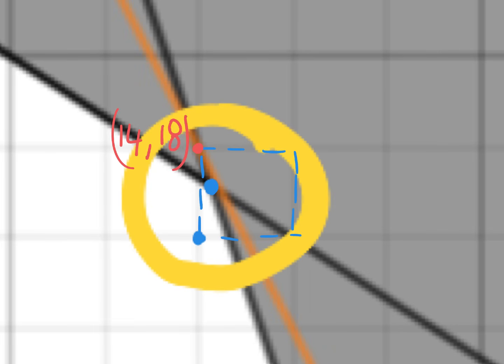Because it was in between 17 and 18, 17 and 1/7. Yeah? This one is going to be 15, 18, isn't it? This one, 14, 15, 17, and this box is 14, 17.